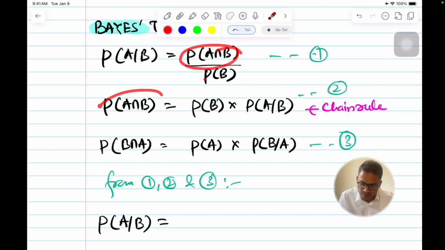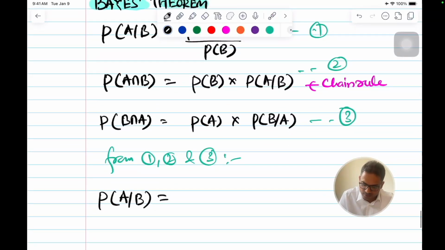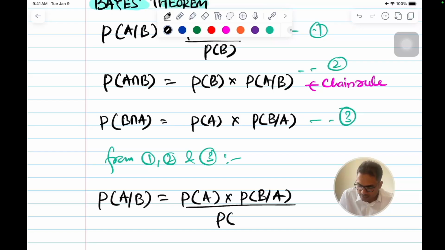A intersection B is the same as B intersection A, so I can replace it. So this will be P of A into P of B given A, and by P of B.